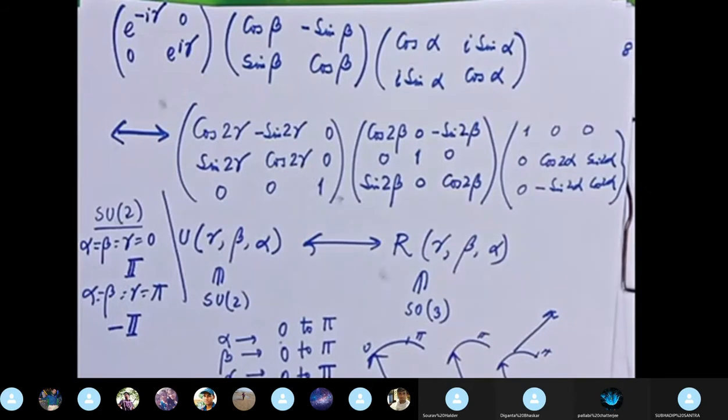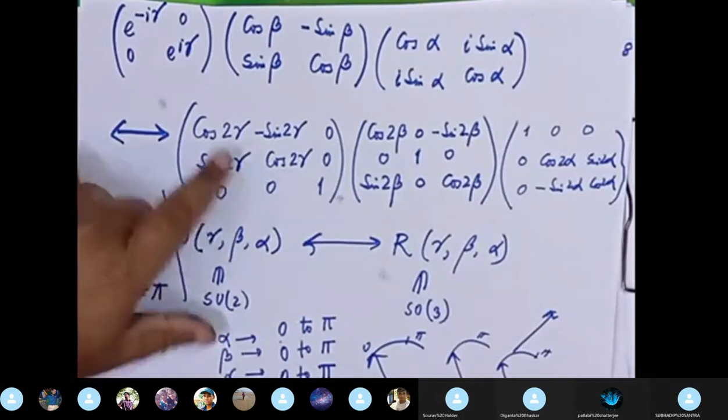The other way: corresponding to every element of SO3, there are 2 elements of SU2. 2 elements of SU2 are mapped into 1 element of SO3. Is this clear from here?